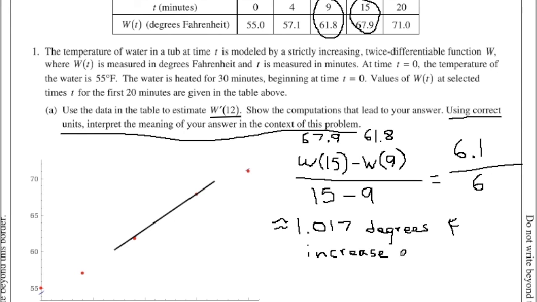And this is per minute, specifically at the 12-minute mark. So again, all we did was use this secant line to approximate what our tangent line might be at this point, right at 12.